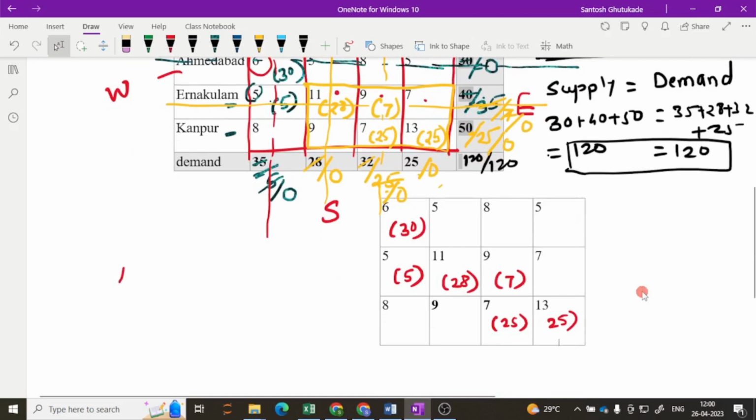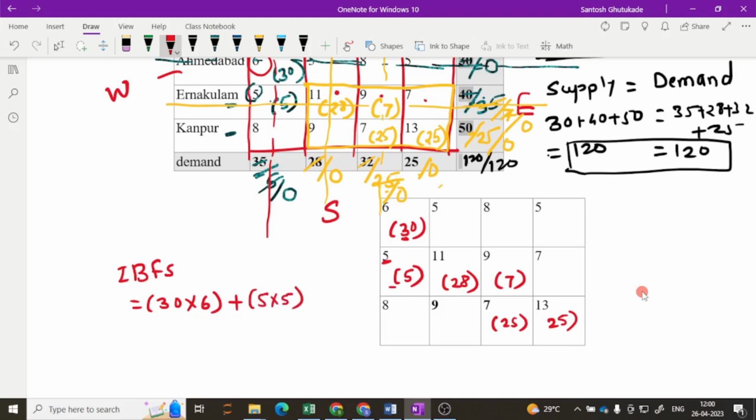Now we have to calculate the initial basic feasible solution. What does initial basic feasible solution mean? We have supplied 30 units at a cost of 6 rupees, so we multiply 30 into 6. That is a cost, plus we have supplied 5 units at a cost of 5, so plus 5 into 5, plus we have supplied 28 units at an 11 rupees cost, so that is 11 into 28.